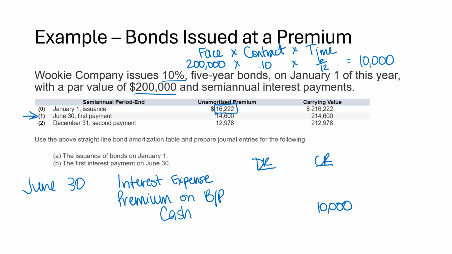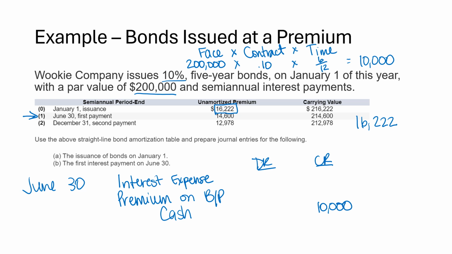So this is the total premium that will need to be allocated over the interest payments every 6 months. We need to find out the total number of payments so we can figure out how much to allocate in each journal entry every 6 months. If we know the total is $16,222, that's the amount that will need to be amortized equally.